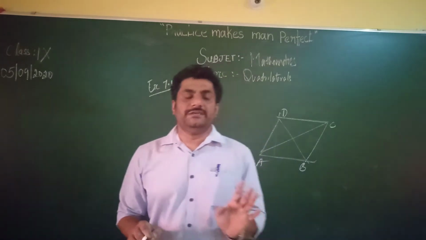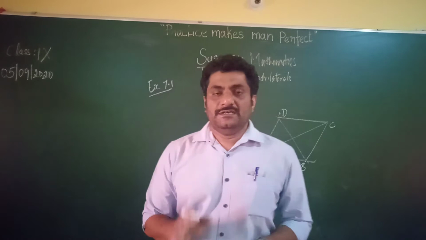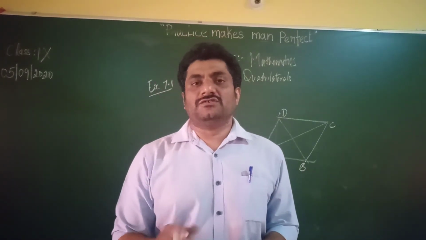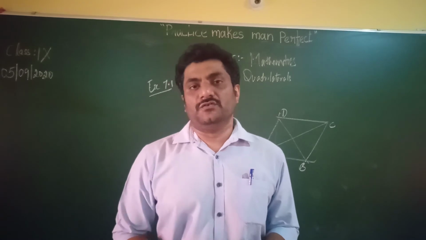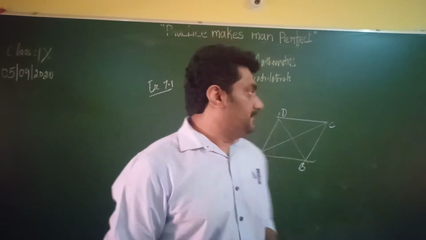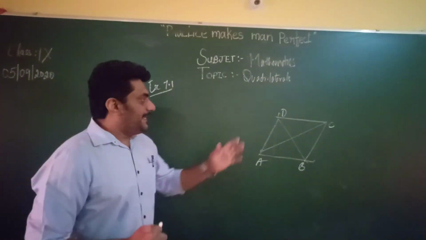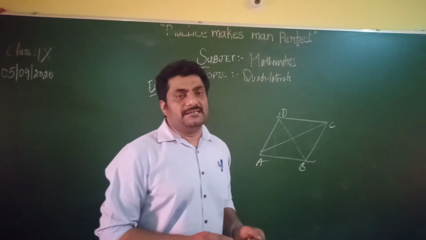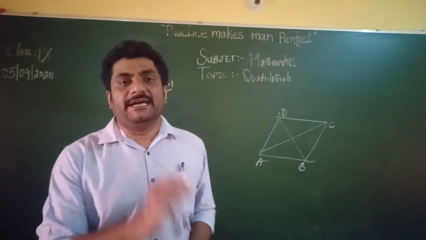But the angles of a rectangle are 90 degrees, whereas in a parallelogram they are not 90 degrees. So what we have to do here is prove that each angle of the parallelogram is 90 degrees. Hence, we can prove that it is a rectangle. The first step is, let's prove that both the triangles are congruent.